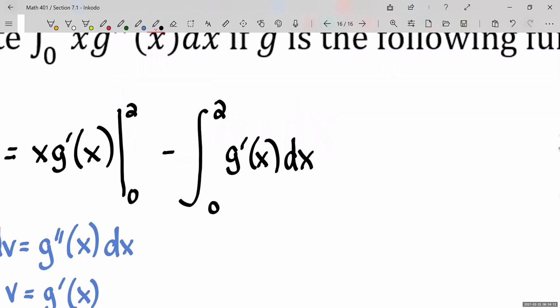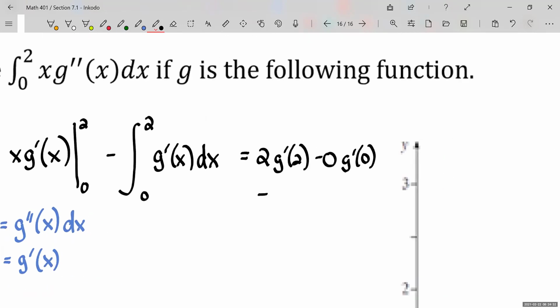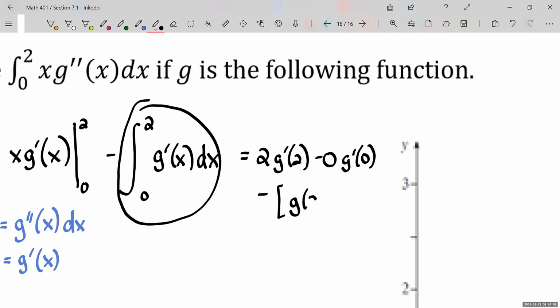So I'll substitute: it's 2 times g prime of 2, minus 0 times g prime at 0. That's just this first piece right here. Minus the integral of the derivative. Well, that's just going to be g evaluated at 2 minus g evaluated at 0 by the fundamental theorem of calculus, technically part 2.